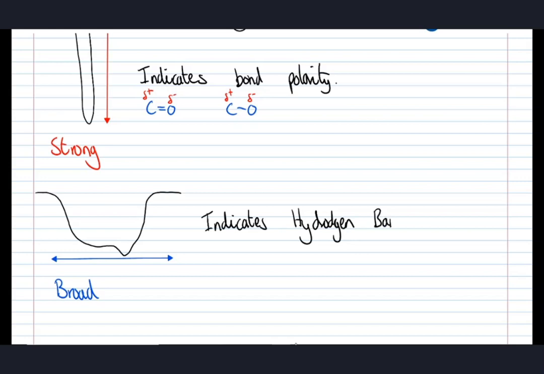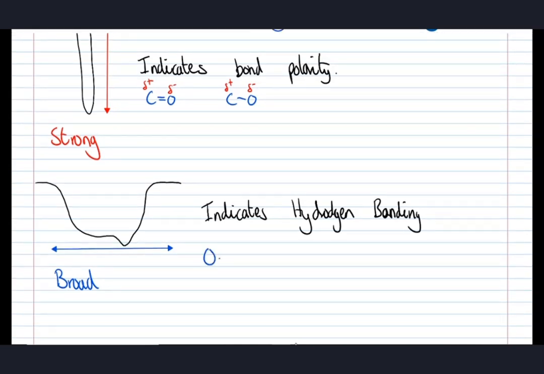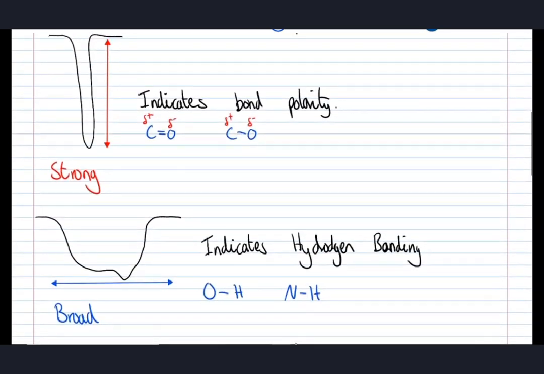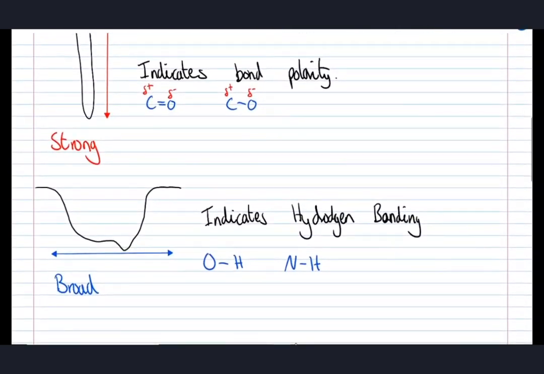That's when a highly electronegative element, such as nitrogen, oxygen or fluorine, coordinates a lone pair of electrons to a hydrogen atom covalently bonded to another highly electronegative element, namely nitrogen, oxygen or fluorine. So bonds that could undergo hydrogen bonding are our OH stretch, our NH stretch. Those are ones to look out for. If we have a strong peak, it's going to be a polar bond. If we have a broad peak, the chances are it's a hydrogen bond.